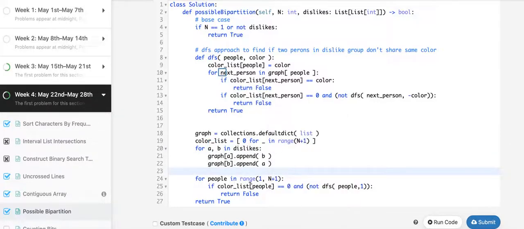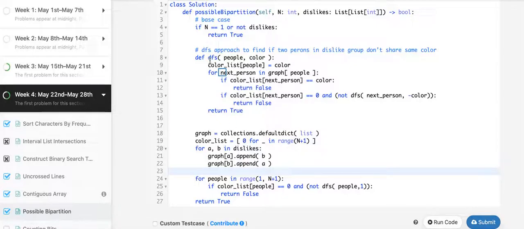Then I iterate in ascending order from 1 to n, and I look that if the color list of that person is 0, okay, and the DFS, if DFS is false, then I should return false, okay, and if it is true, then it will keep on iterating.